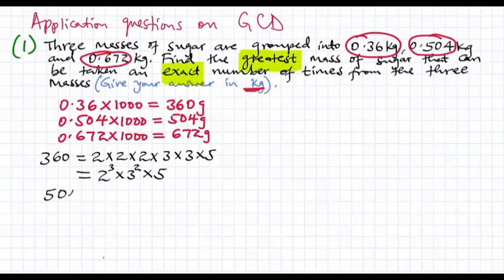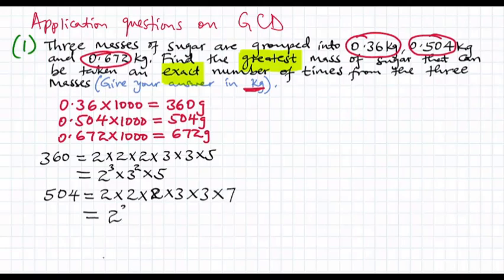The other one is 504 in power form, we have 2 times 2 times 2 times 3 times 3 times 7, which will be 2 raised to 3 times 3 squared times 7.